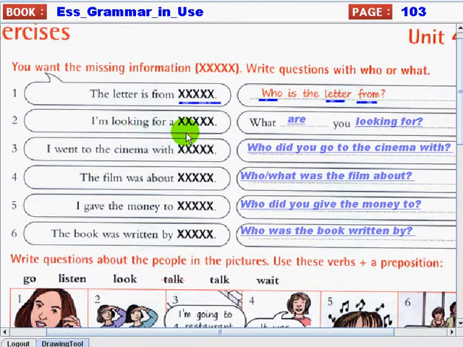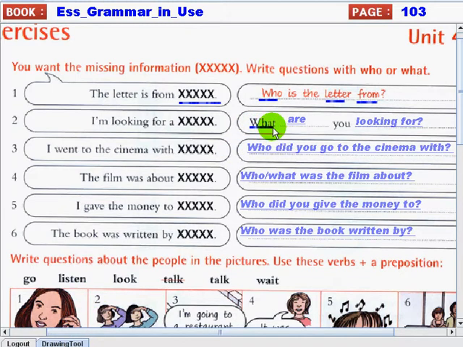For you to know who is that person or who's that person finding, you have to use what, okay? Because that person is finding something. I'm looking for a blank. So you will use what because it pertains to something, not a person, remember?